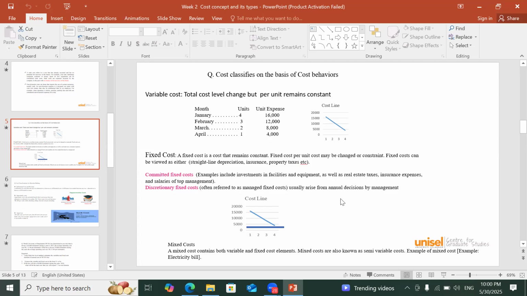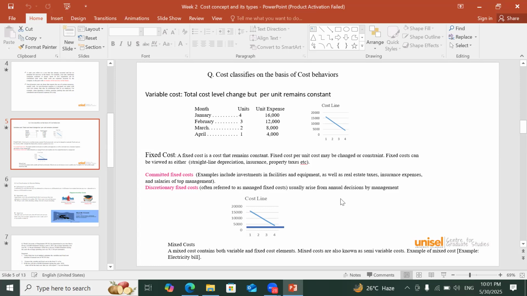If you want to cancel your flight from Dhaka to Chattogram, you can avoid the flight charge, but you cannot avoid the airport charge, because for landing your aircraft you must pay a bill to the airport every month. So this is an example of discretionary cost and committed fixed cost.